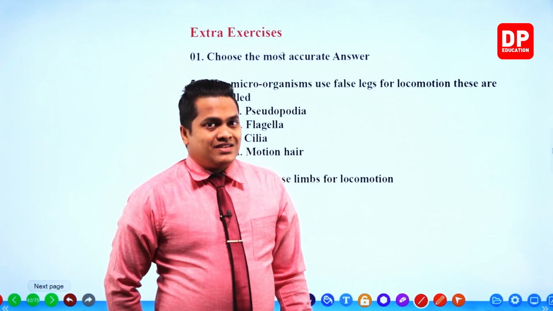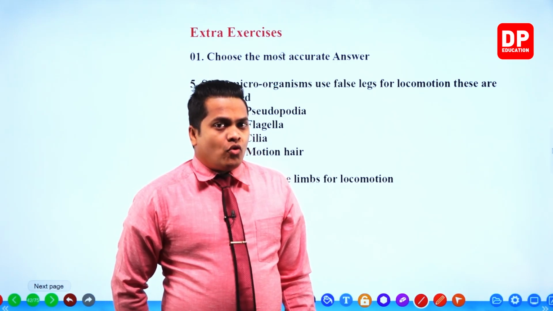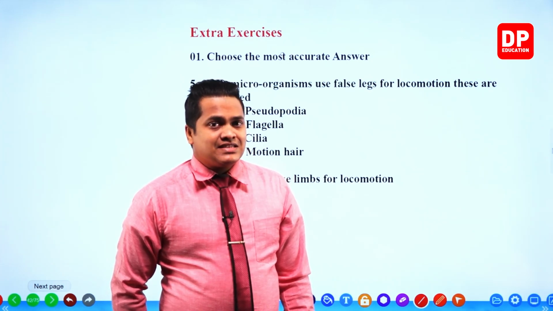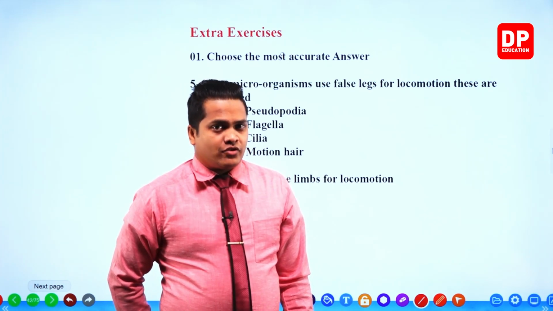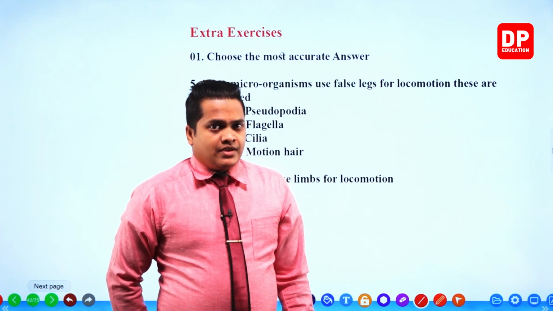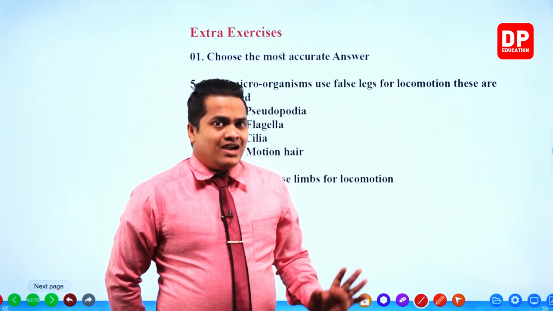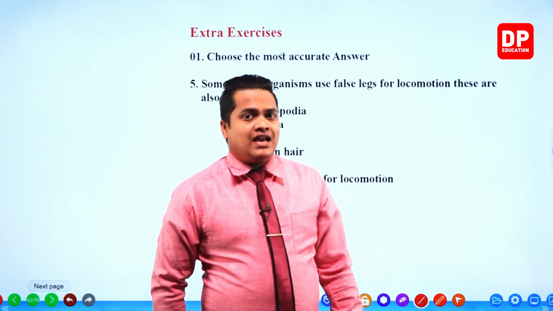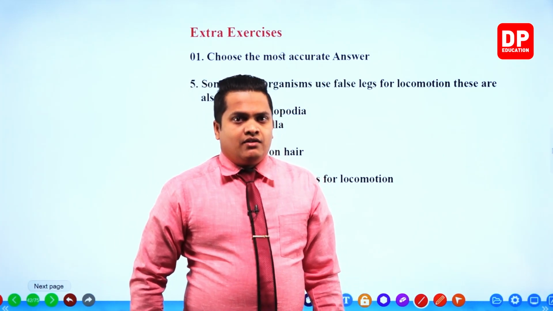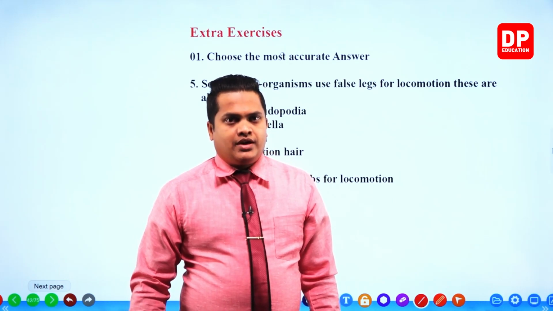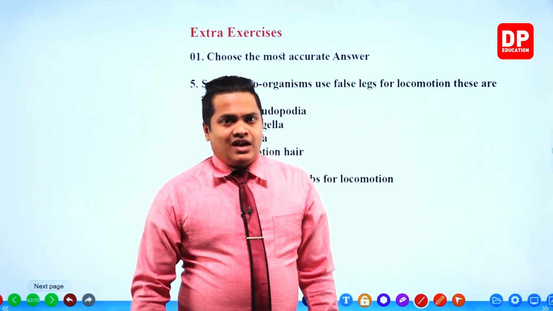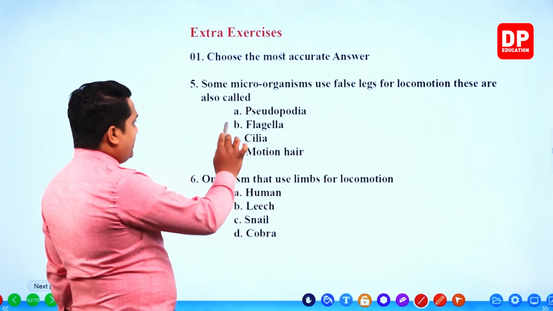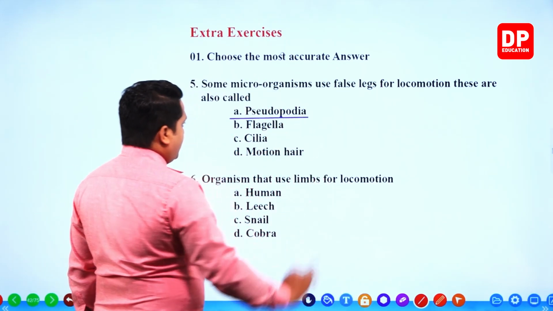So these are the three main types of organelles that can be observed within single-celled microorganisms: flagella, pseudopodia and cilia. Hair-like structures are cilia, false feet are pseudopodia, and the thread-like structure is the flagella. So the answer would be pseudopodia.